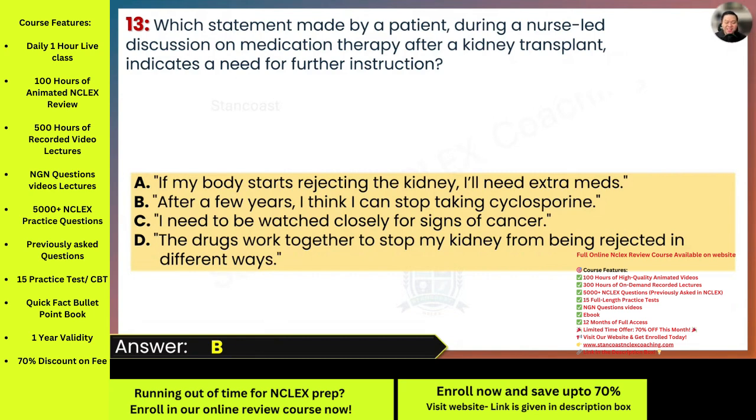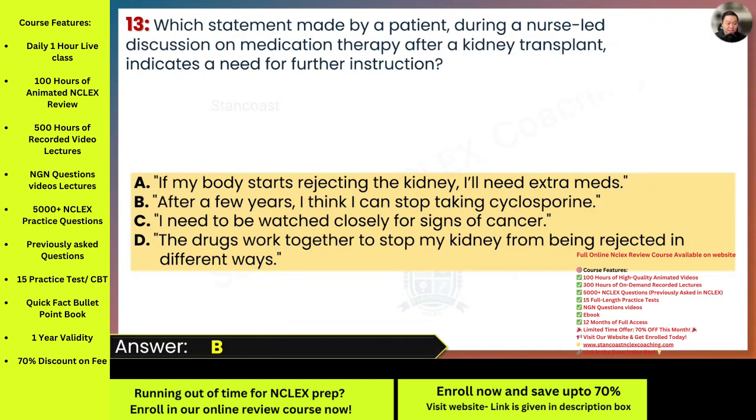So this is not something that can be stopped after a few years, because it is needed to prevent the immune system from attacking the transplanted kidney for the patient's lifetime. And so your role here as a nurse should clarify to the patient that lifelong immunosuppression is critical to prevent organ rejection.